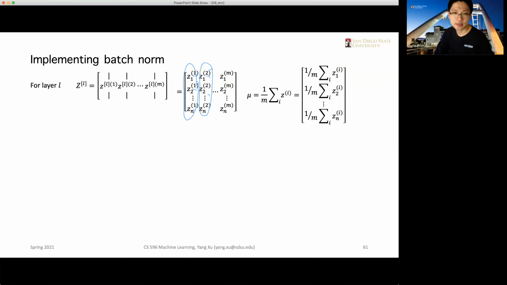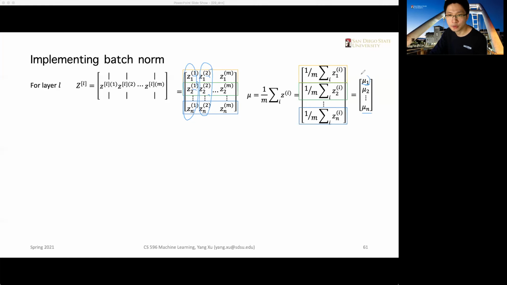Given this matrix of Z, we will compute the means for each row in this matrix. Each row corresponds to one feature. It's a summation of all the elements per row, and we will compute the mu's, mu1 to mu_n.